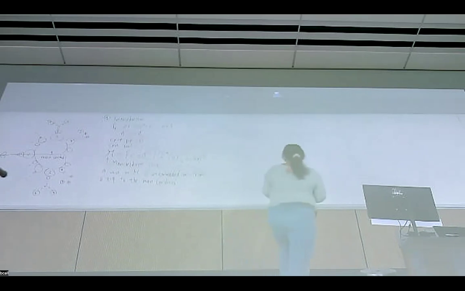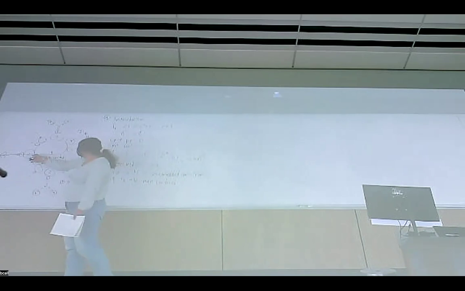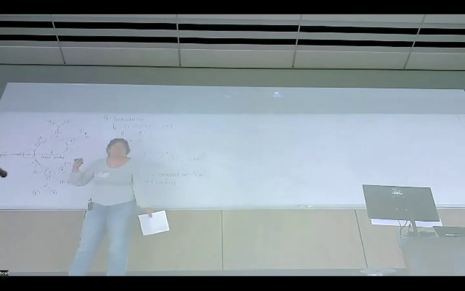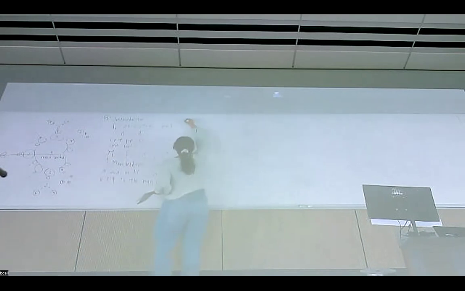So the question that I'm going to ask is, you have associated to each of these hyperbolic components the period of the critical orbit within that component.